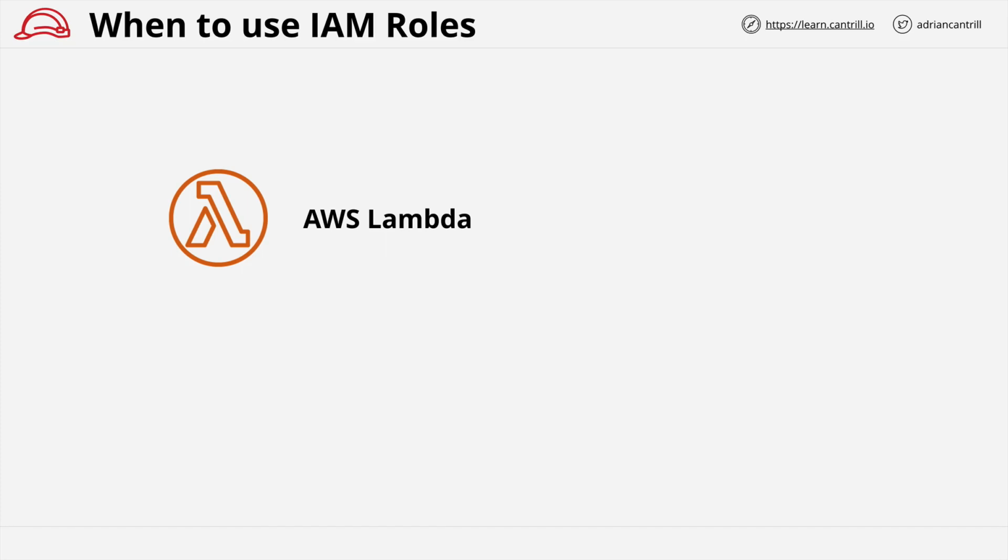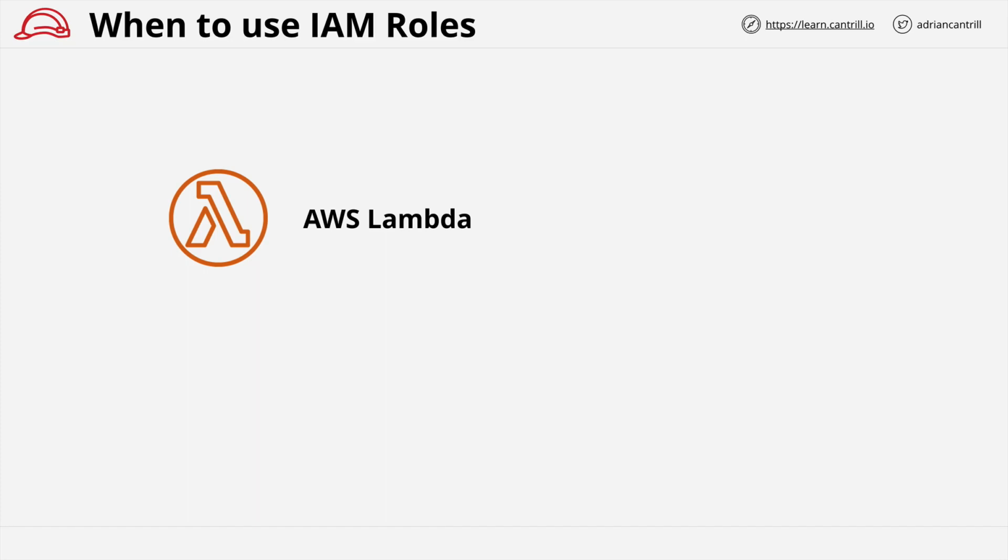So anything that's not an AWS identity, this might be an application or a script running on a piece of compute hardware somewhere, you know now that you need to give that application or that script permissions on AWS using access keys. Rather than hard coding some access keys into your Lambda function, there's actually a better way.